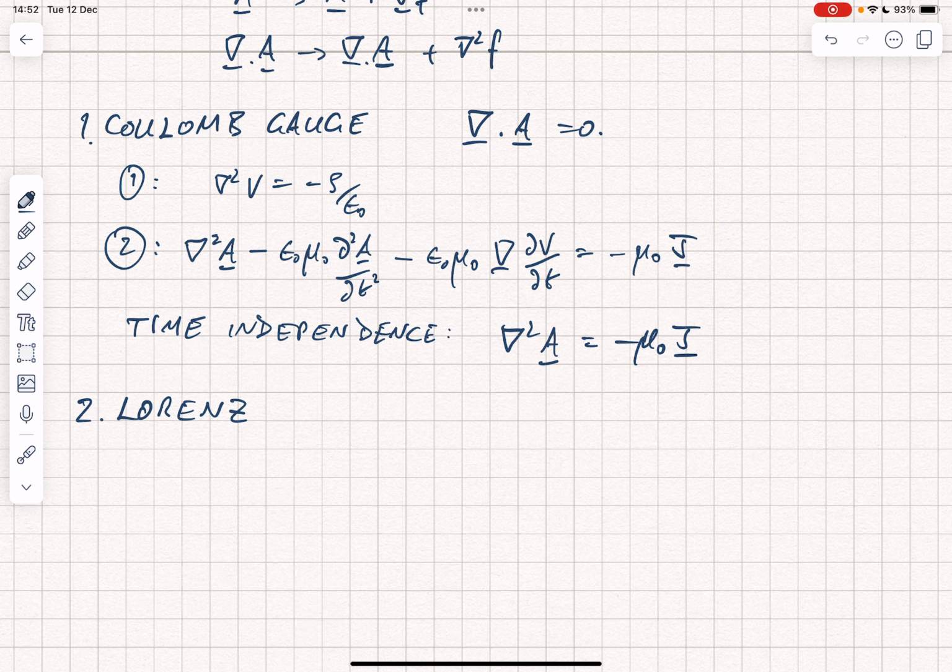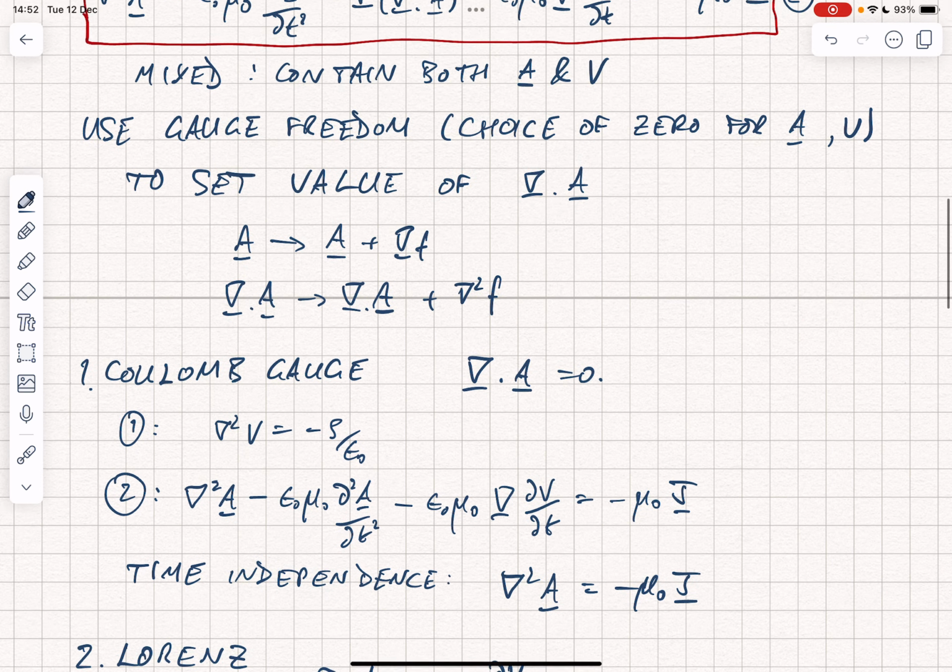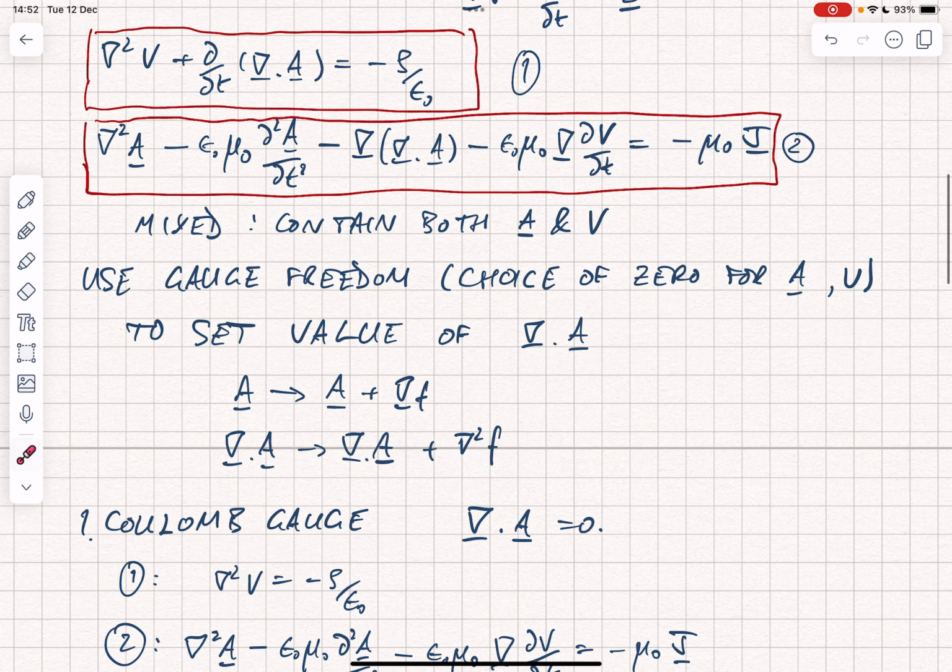So the Lorenz gauge is defined as div A plus epsilon naught mu naught dV by dt is equal to 0. And if we just pop back up to equation 2 here, we might see why this is interesting. We've got a div A, we've got a dV by dt.